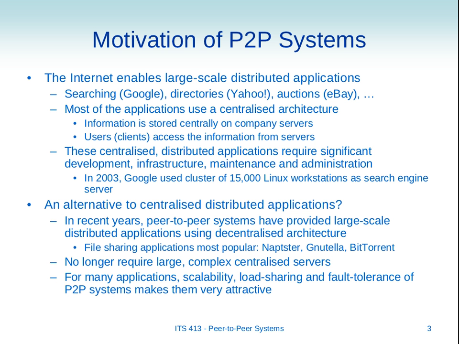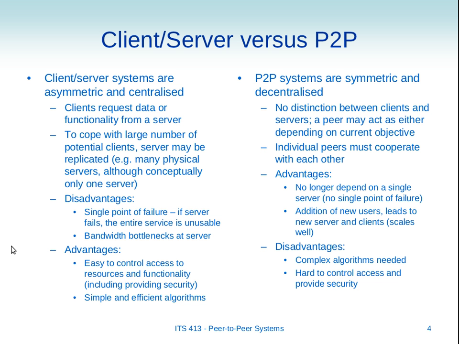So there are some benefits of distributed systems, and a peer-to-peer system is an example of a distributed system. You can read through those examples. I think you've seen or understand the difference. And similar here, a client-server system, which is a centralized system, is asymmetric and centralized.